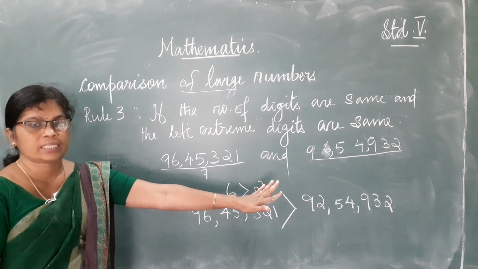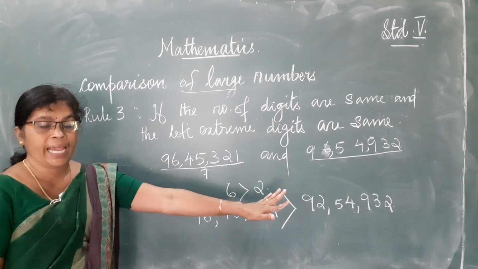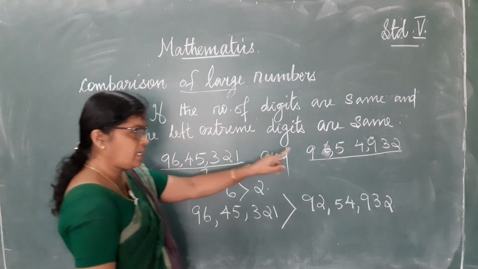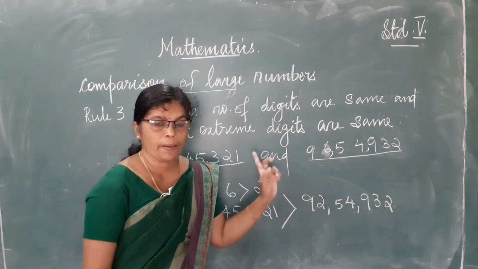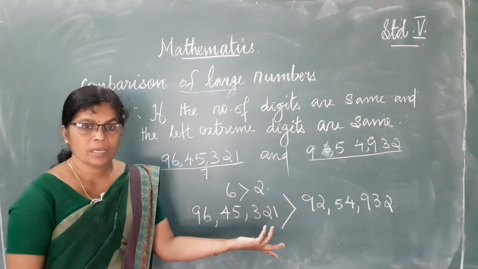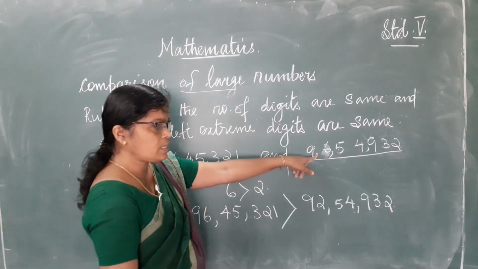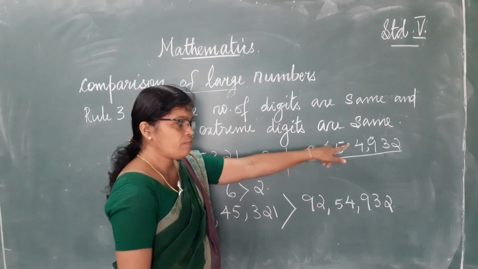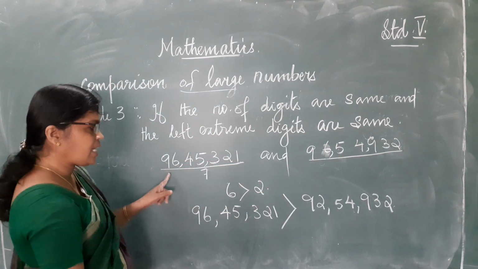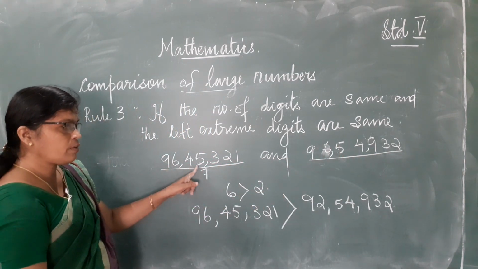Then in this case we again have to move to the next digit. See here 4 and here it is 5. We have to compare this 4 and 5. Which is greater? 5 is greater. Then in that case this number 96 lakh 54,932 will be greater than 96 lakh 45,321.